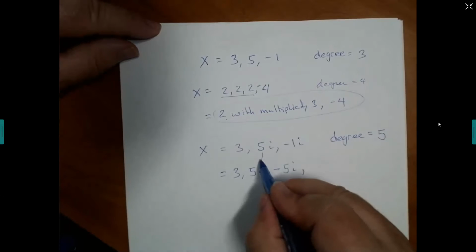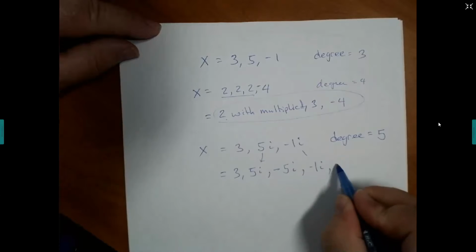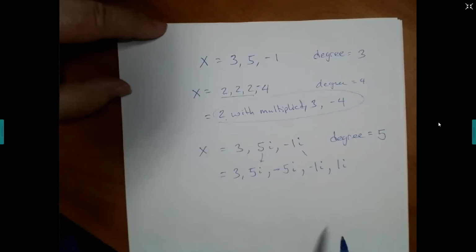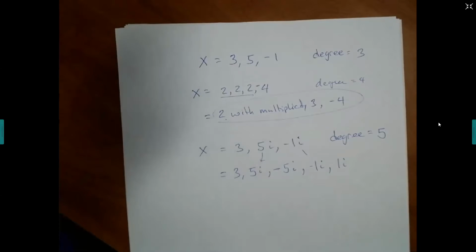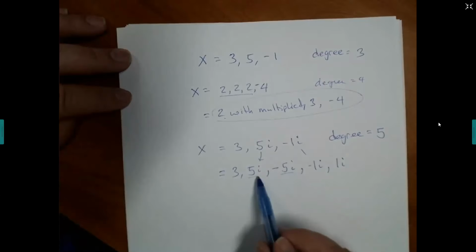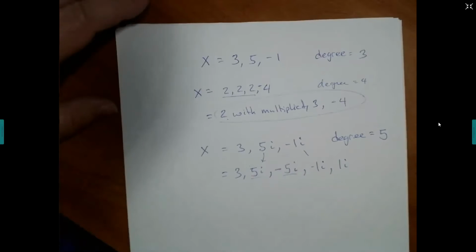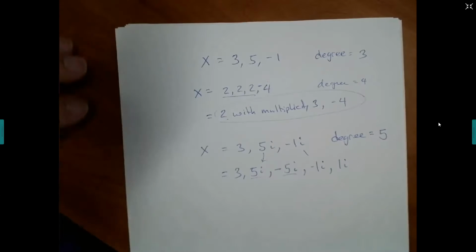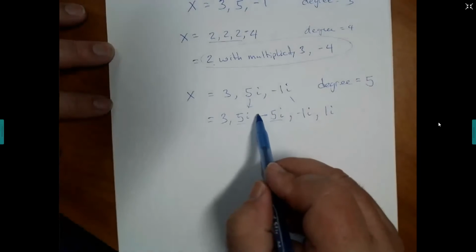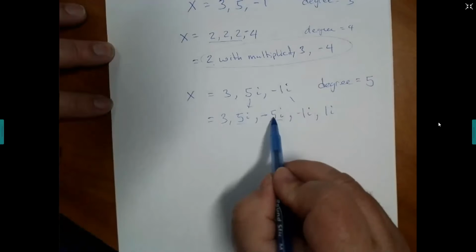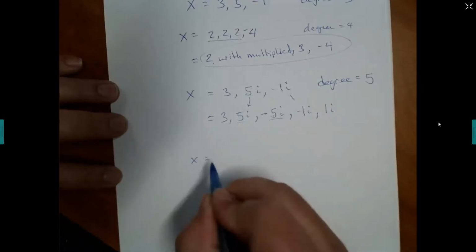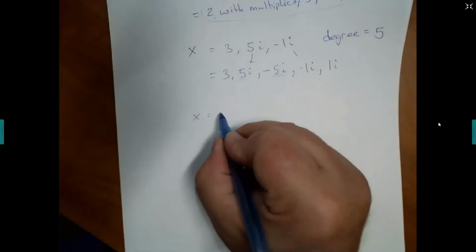Since I have a -1i, I have to have a +1i. This is how come the rule of the signs always subtracts 2 from whatever you have, because in case one of your answers is a complex number, you'll have one of each. So that's why you subtract by 2. So be very careful. Whenever you have an imaginary number, it has to be a positive of it and a negative of it. Okay, last thing.